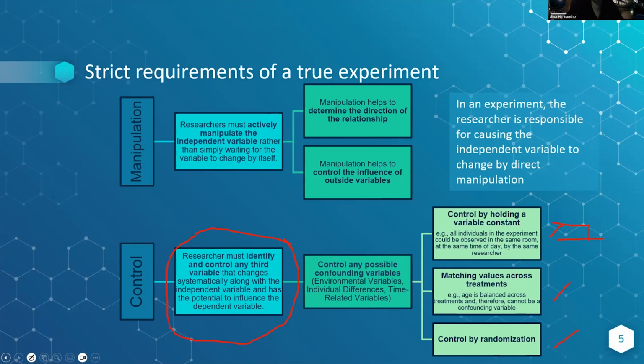So in this case, you are not introducing these variables. Another way is by matching values across the treatment. For example, age or socioeconomic status is balanced across treatments and therefore cannot be a confounding variable.